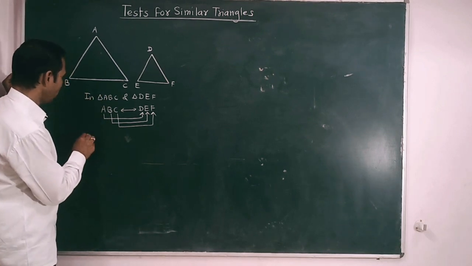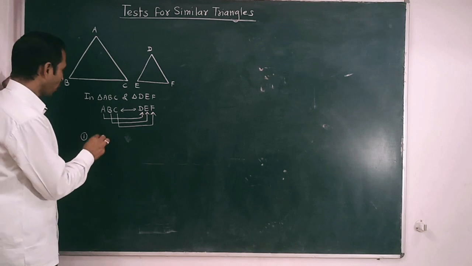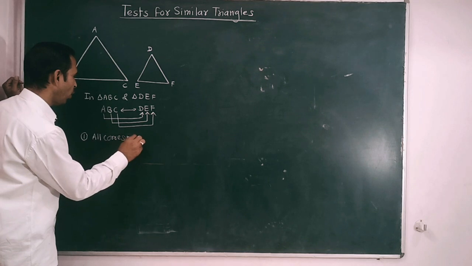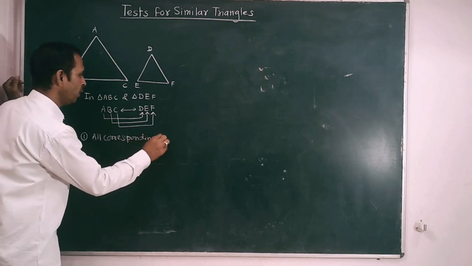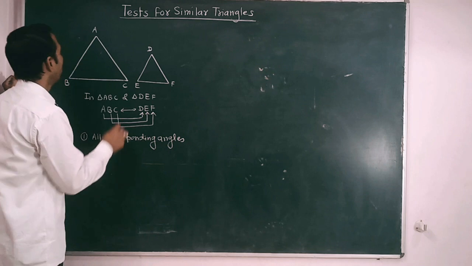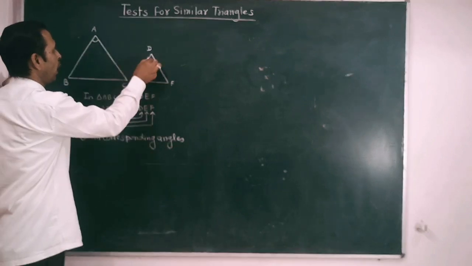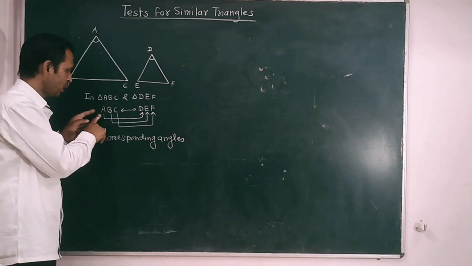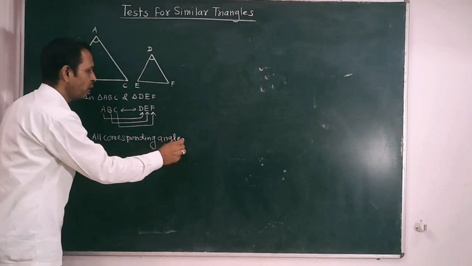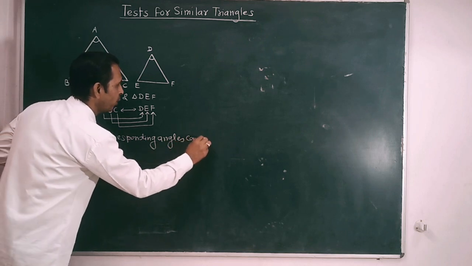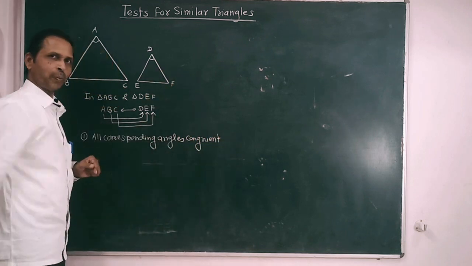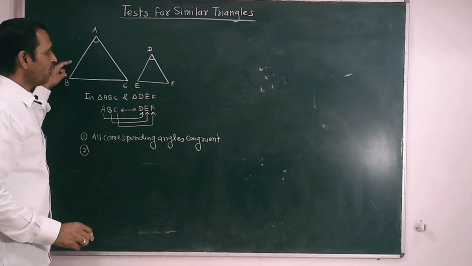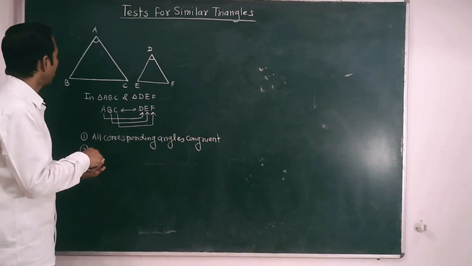Which are the 2 conditions? The first condition is that all corresponding angles are congruent, meaning angle A and angle D are corresponding angles by this one-to-one correspondence. This is the first condition. The second condition is that corresponding sides are in proportion.